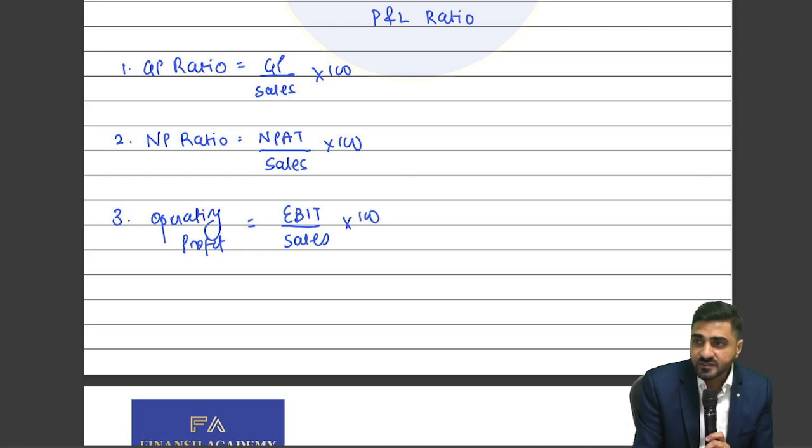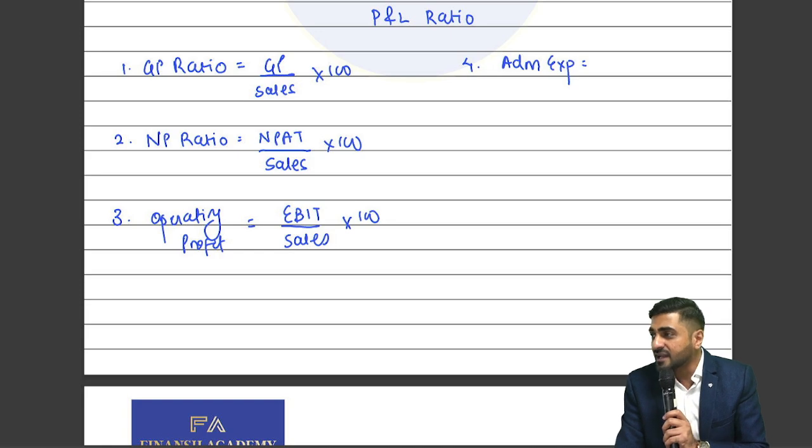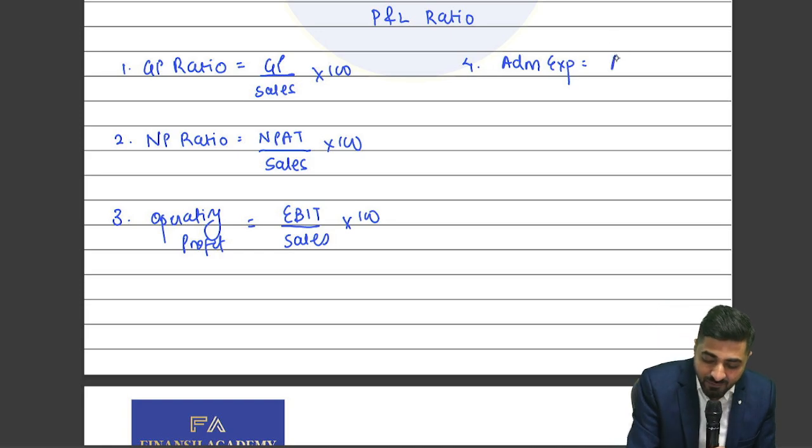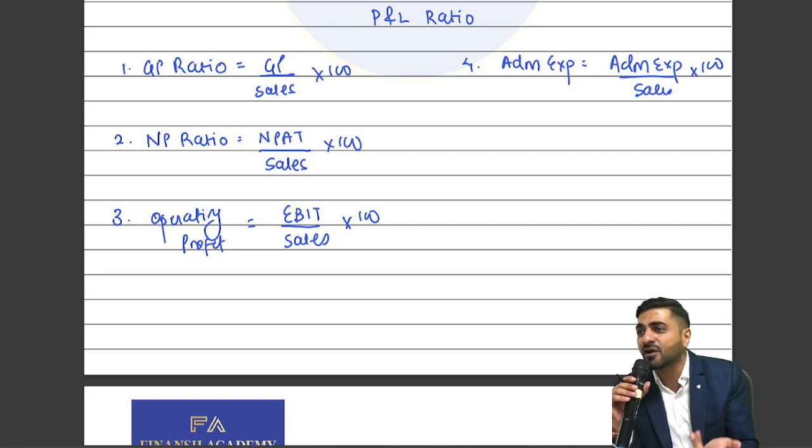Then, what do you think will be the formula for administrative expense ratio? Administrative expense ratio will be nothing but administrative expense upon sales into 100.